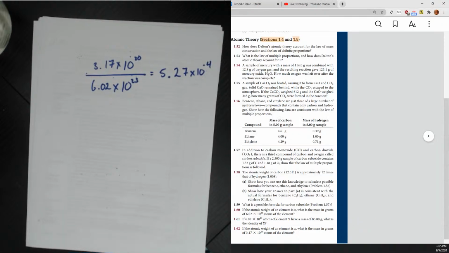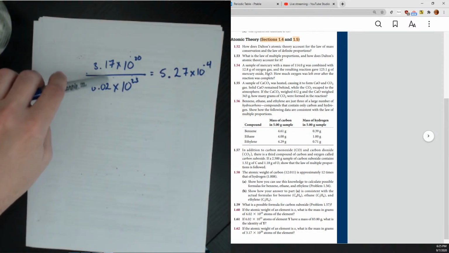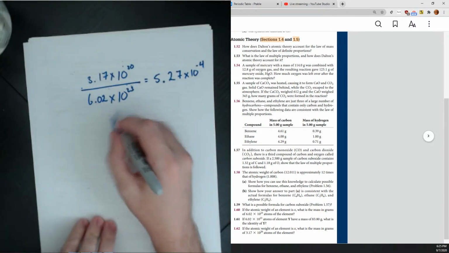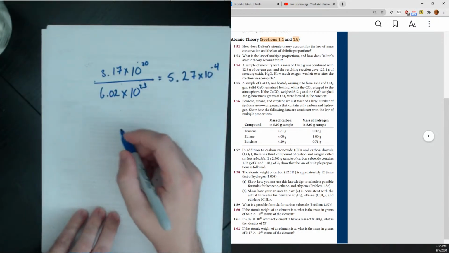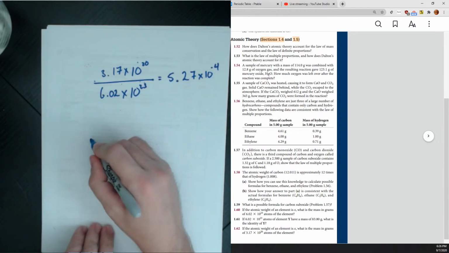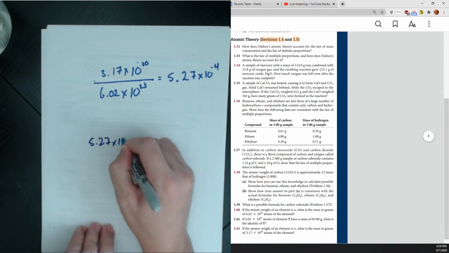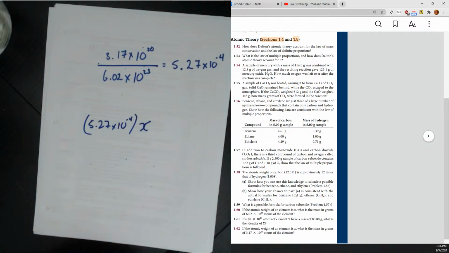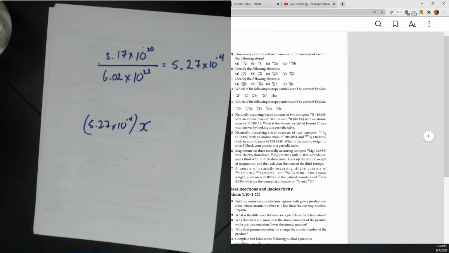What that means is that this fraction here is the fraction of X. So if 1 mole basically would be X grams, then 3.17 times 10 to the 20th atoms is only 5.27 times 10 to the negative 4th times X grams. So a very small fraction of the atomic mass.